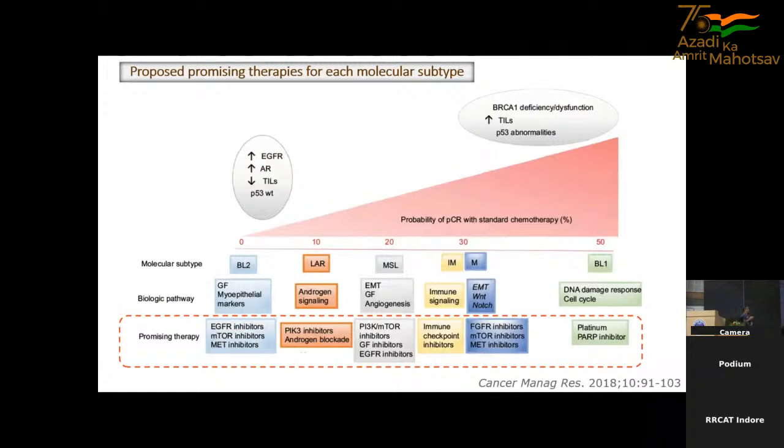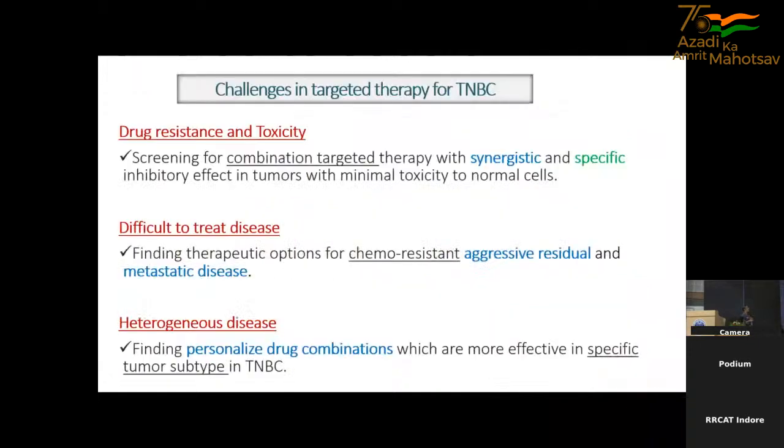So in order to do that, there are several challenges that we need to understand when we talk about targeted therapy. Most of the time when you combine 2 or more targets together, there is a fair level of toxicity, and the 2 targets have to work in a synergistic manner. Only then can you find a therapy that will be better and sustainable. The second difficulty is that there are metastatic diseases which have very aggressive residual tumors.